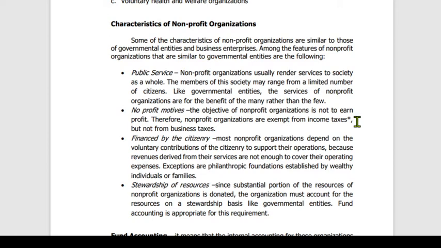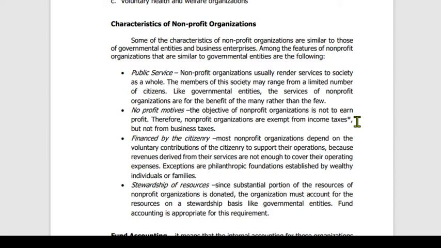So we are just illustrating that the nonprofit organizations have no profit motives, and some of the items of nonprofit organizations are not taxable.